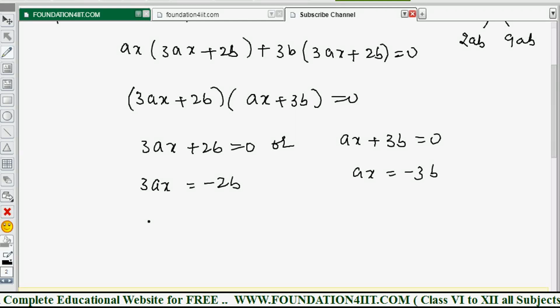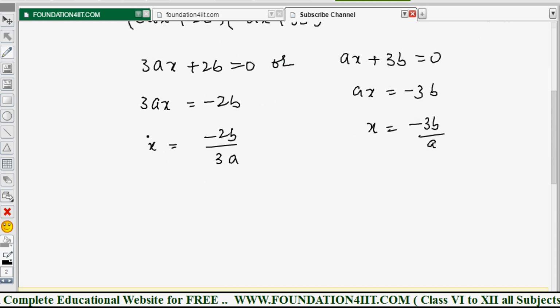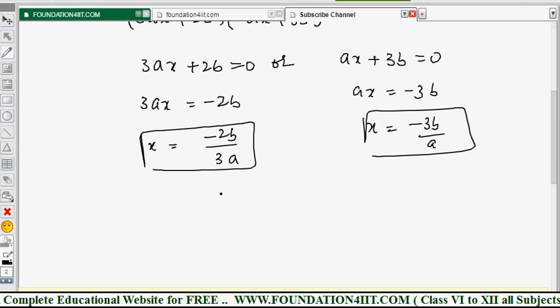We need only the x value, so x equals minus 2b by 3a, and here x equals minus 3b by a. Right? Now these are the two answers. So one is minus 2b by 3a, one is minus 3b by a. Therefore we can write the solution set: minus 2b by 3a comma minus 3b by a.